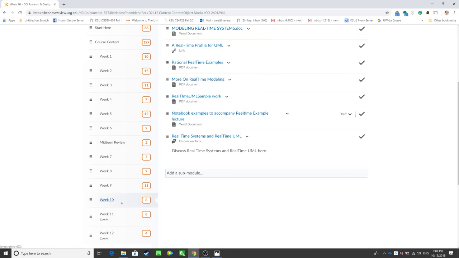Let me ask you, let's review a little bit. When we were talking about ADT, abstract data type, one thing I said is the state of the ADT. The state of the ADT depends on the data, right? On the attributes or the data of that ADT.